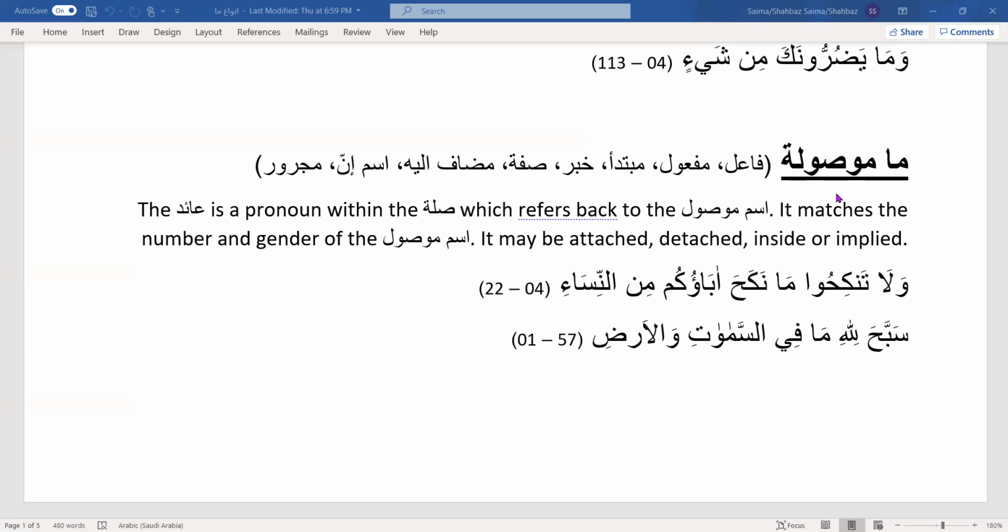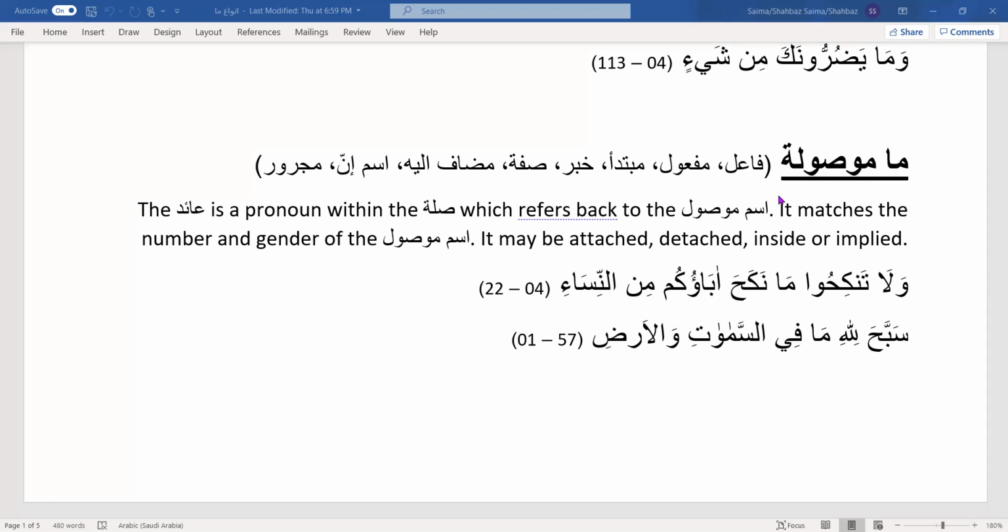This ma is mausulah. Ma mausulah comes with a sila. It is normally connected to a jumla, a sentence, could be jumla ismiya or jumla fi'liya, or it is attached to a shibhu jumla. Shibhu jumla is jar majroor or a special mudaf and its mudaf ilayh.